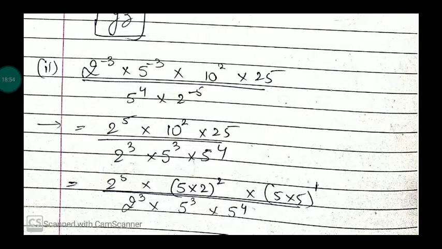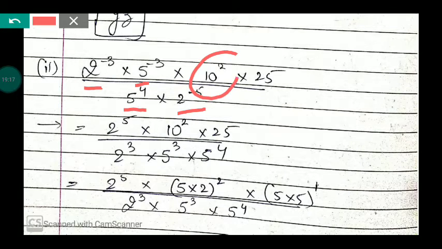Now we move on to the next question. 2 raised to minus 3 into 5 raised to minus 3 into 10 square into 25 upon 5 raised to 4 into 2 raised to minus 5. Now here you can see one thing is common, there are only two bases, 2 and 5.